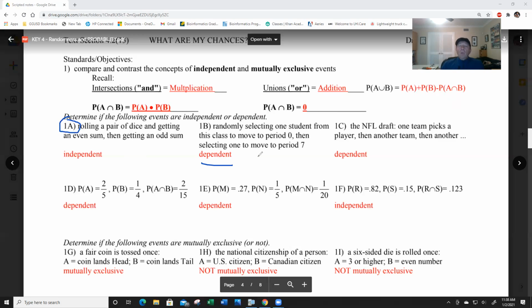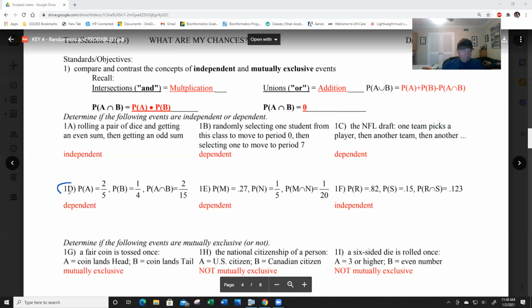B here, randomly selecting one student from this class to move to period 0, then selecting one to move to period 7. Well, the probability changes because of non-replacement. So that's a dependent situation. NFL draft is obviously a dependent situation. I mean, 3 people in a row can't pick a guy, obviously. So that's that situation.